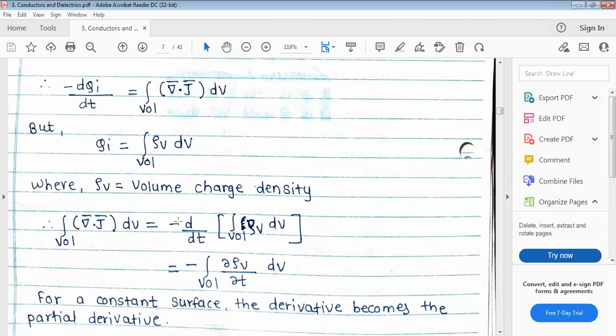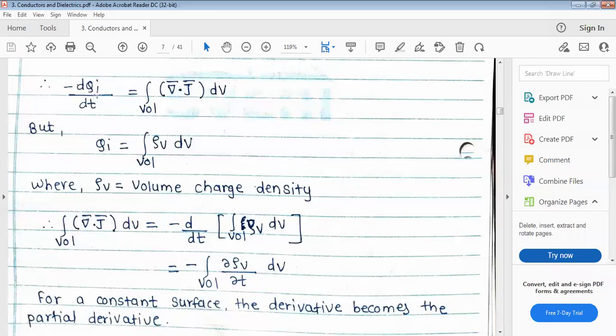And what is this qi? This qi is equal to the volume integral of rho v into dv, right? So what we are doing is finding the volume integral of del dot j bar into dv, but we know that it is equal to minus dqi upon dt.